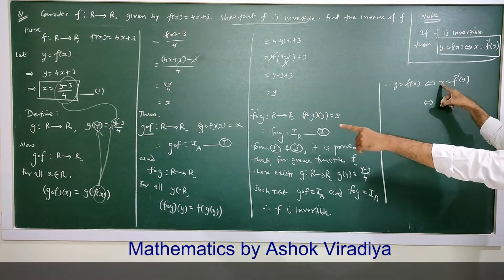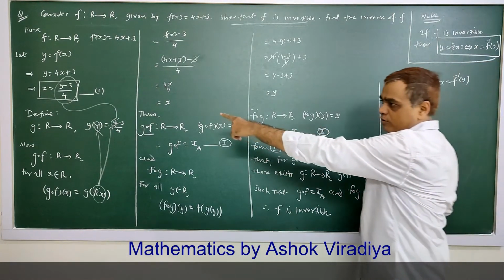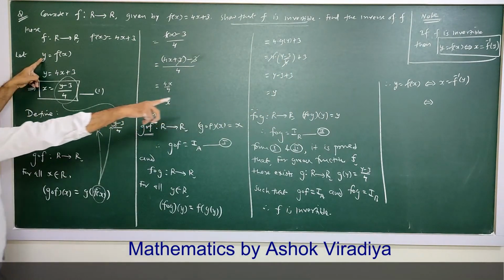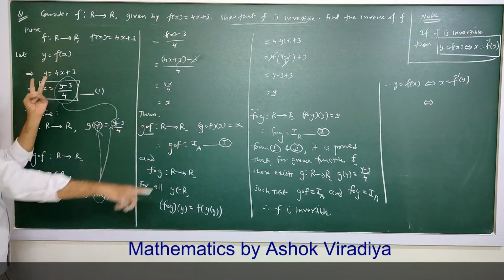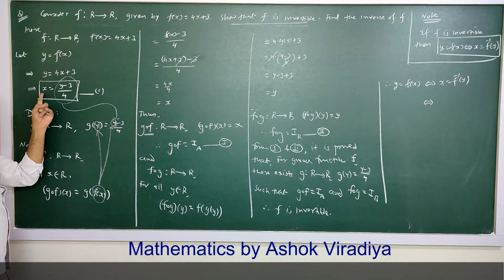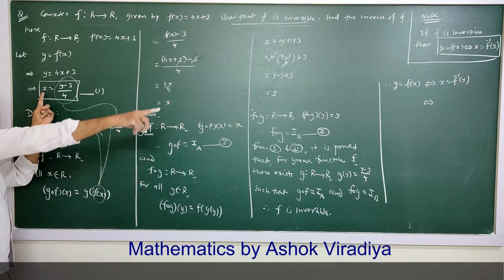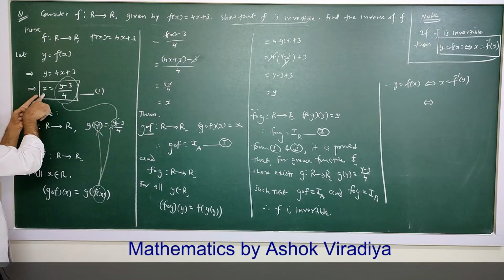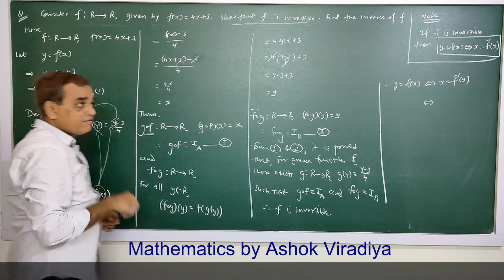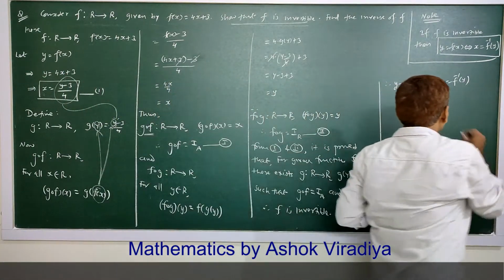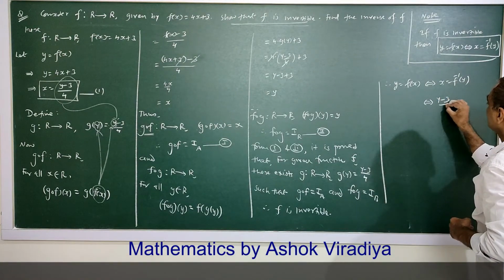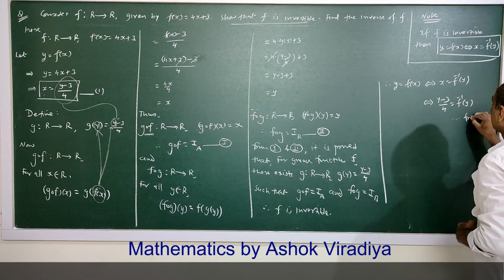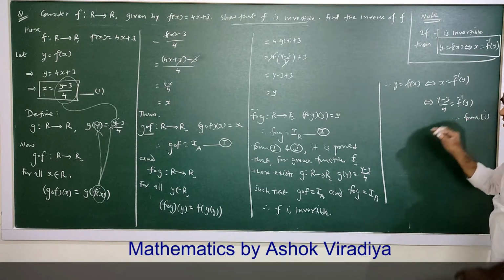What is the value of x? Here we have already found x from y equal to f(x). So in that equation I am putting this value of x, which is (y − 3)/4, from equation 1.